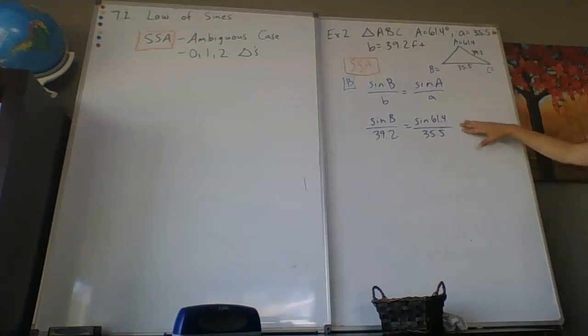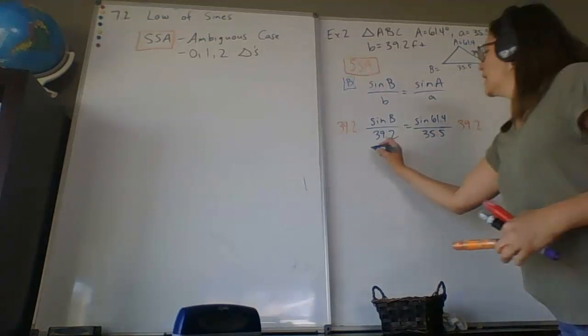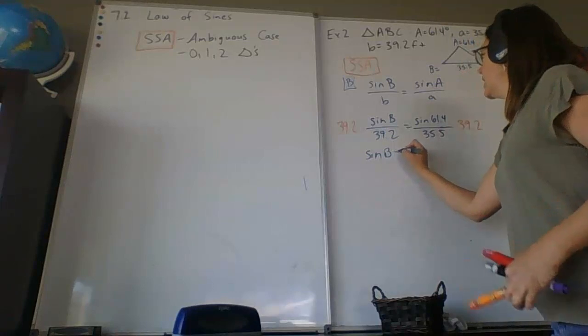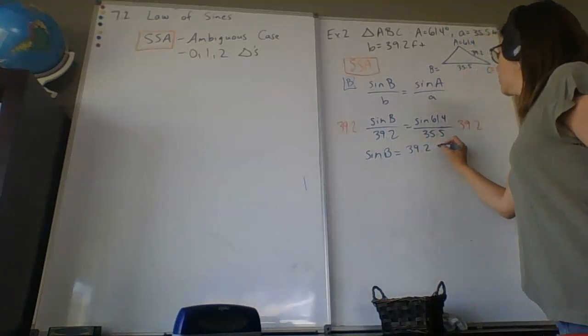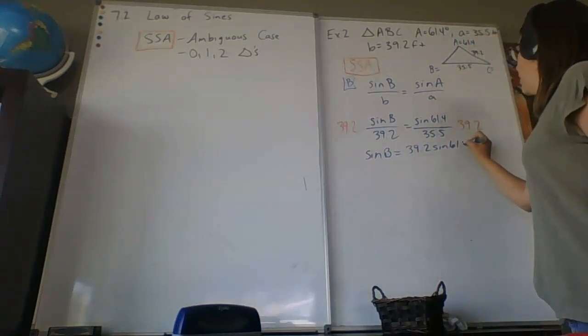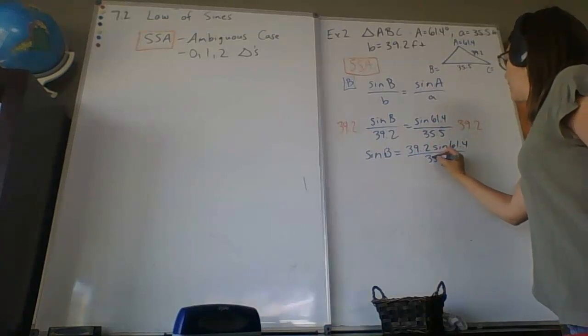So plugging the numbers in, we get sine of B over 39.2 equals sine of 61.4 over 35.5. Multiplying both sides by 39.2 gives us sine of B equals 39.2 sine of 61.4 all over 35.5.